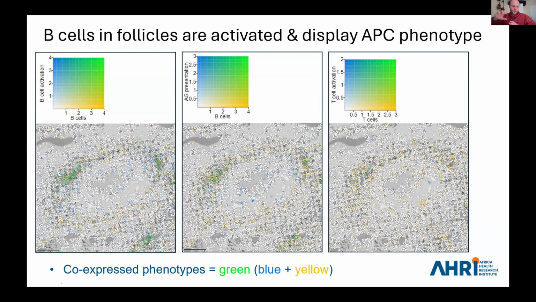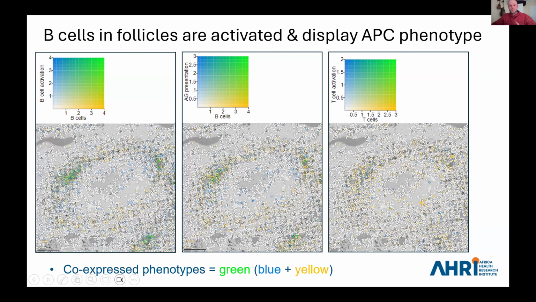And then I've got canonical B cell phenotypic markers that are expressed, and those are expressed on the cells in yellow. And then if they are co-expressed, the cells then stain green. So you can see again that within this is the granuloma again that we were looking at just now. Within those follicles, you see green stained B cells, suggesting that the B cells are activated within those follicles.